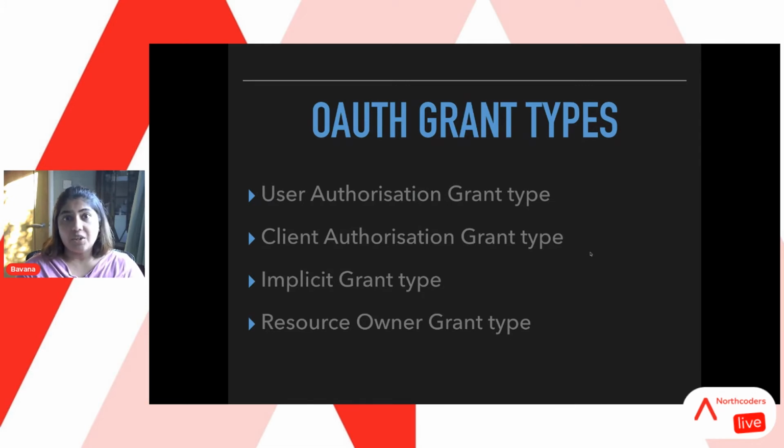And then you have the implicit grant type, which is terribly, terribly bad from a security point of view. And the resource owner grant type, which is similar to the implicit grant type, but has a few things that are a bit more customizable. But again, implicit grant type and resource owner grant types are almost a no-no when you think about trying to share your information online.